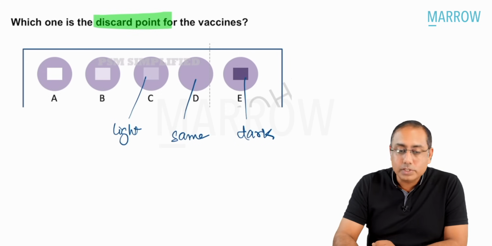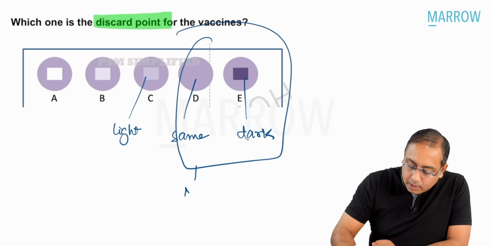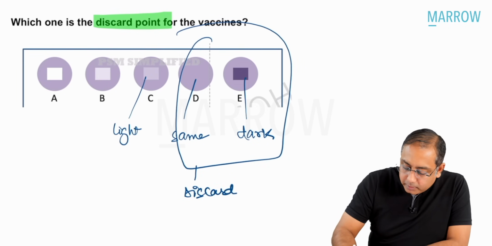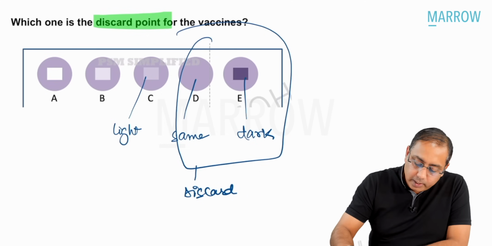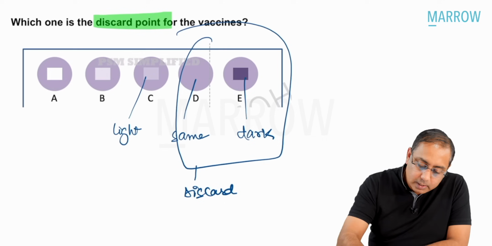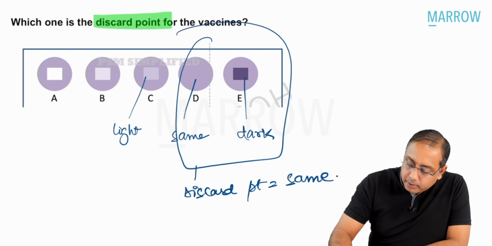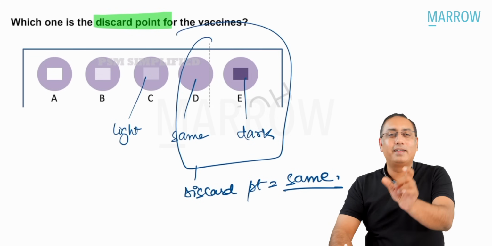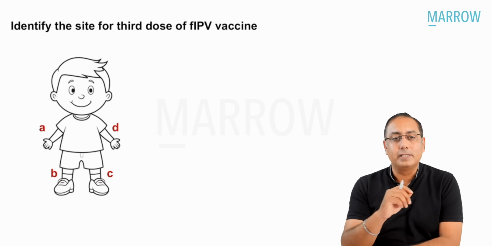The discard point is when the inner square becomes the same color as the circle. That is the point where you are supposed to discard the vaccine.